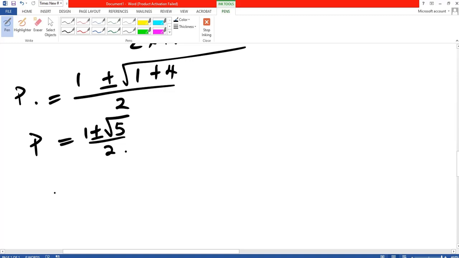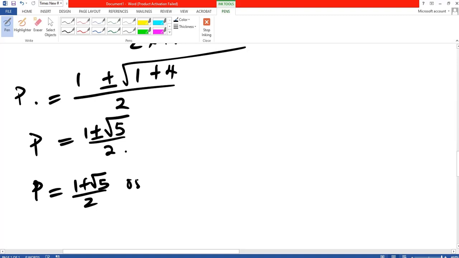Now, the real value of p is equal to 1 plus square root of 5 all over 2.